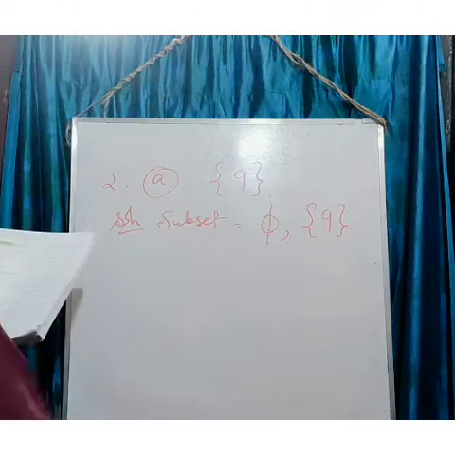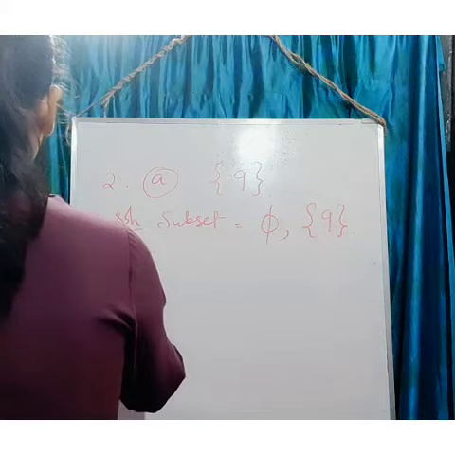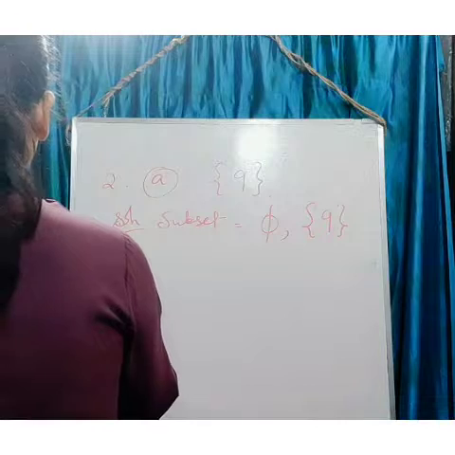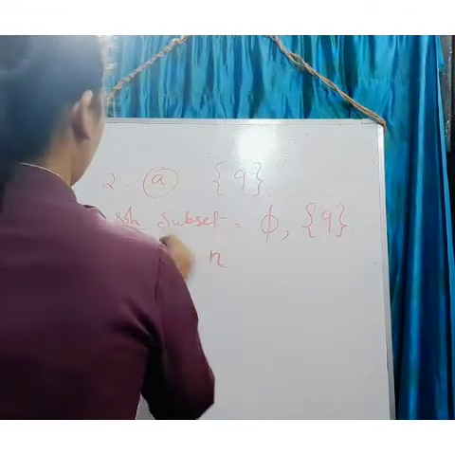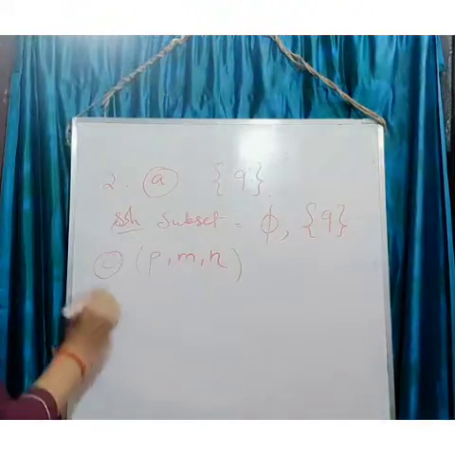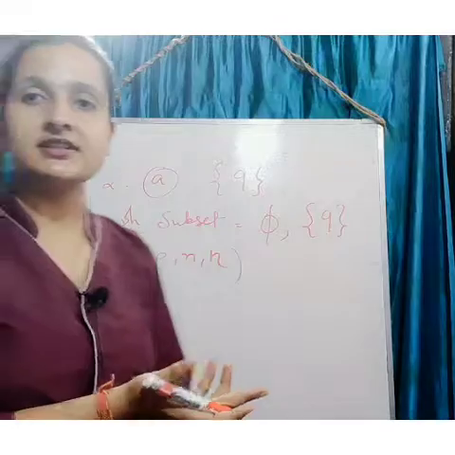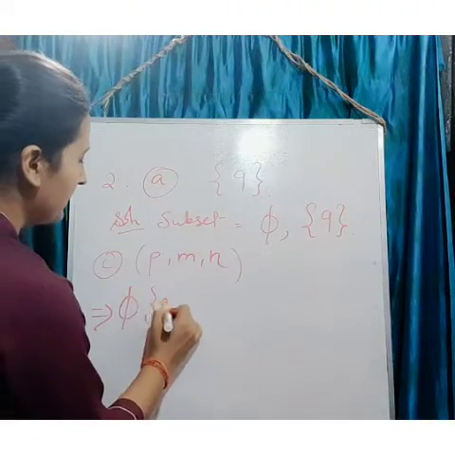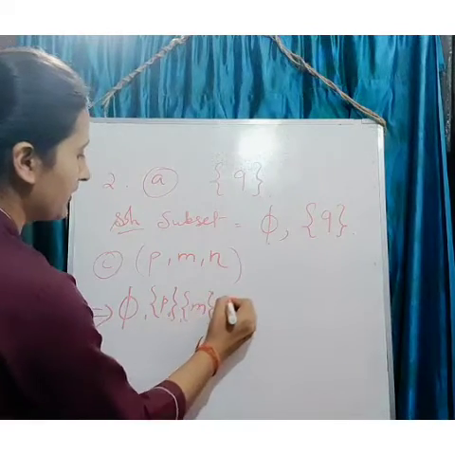Okay, let us do one more. So, let us do C: P, M, N. Okay, now what could be the subsets? First, null. It may happen that there is no element, right? So, null. Or P could be there. M, right?